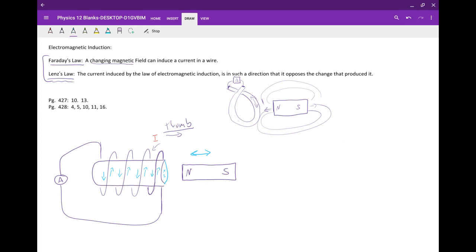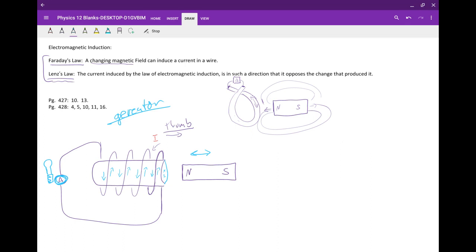And so I get essentially an alternating current over here, and where I can maybe attach a light bulb where I can light up a light. Okay? And this is the concept of how a generator works. All right? A generator.